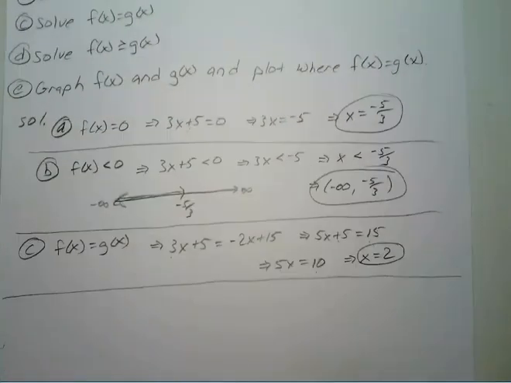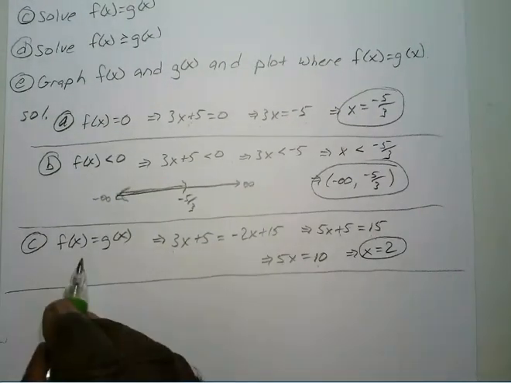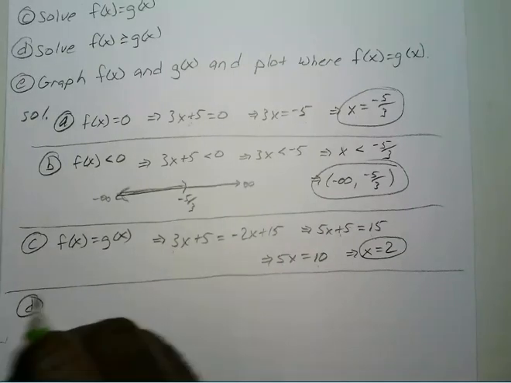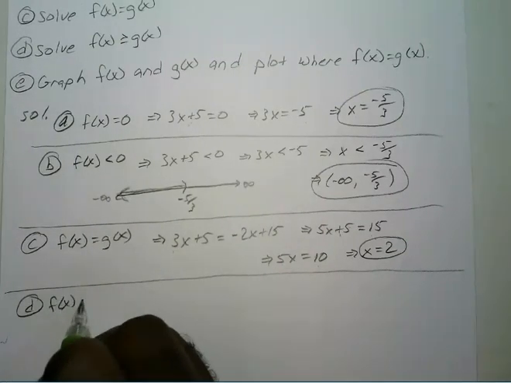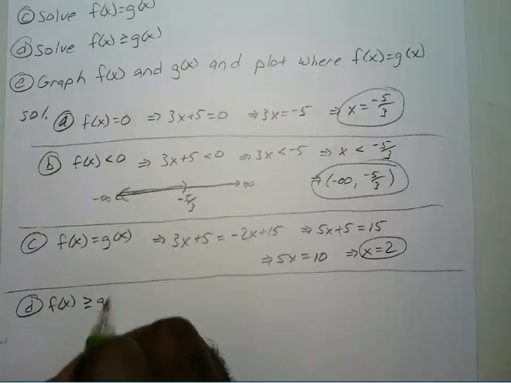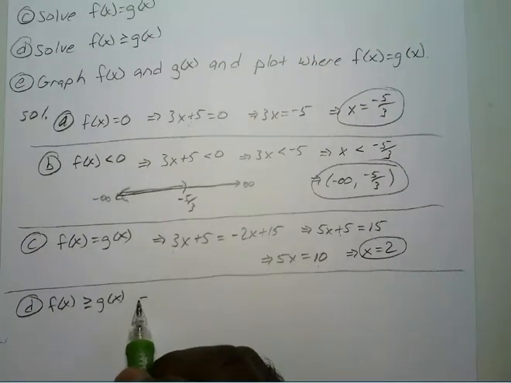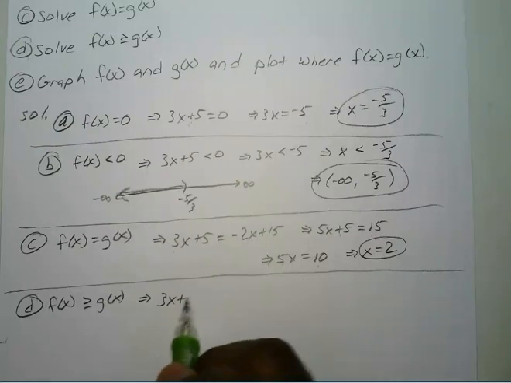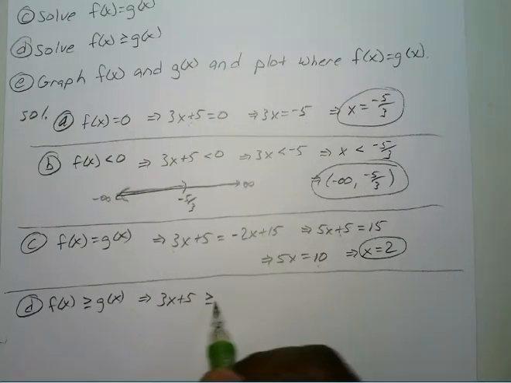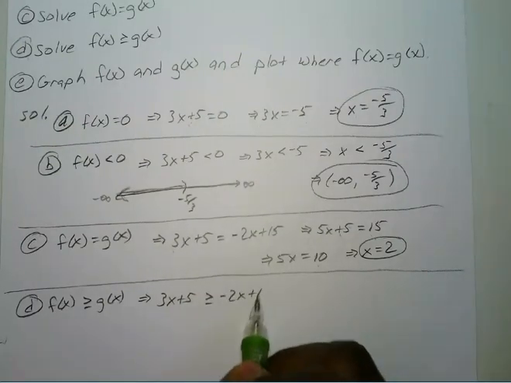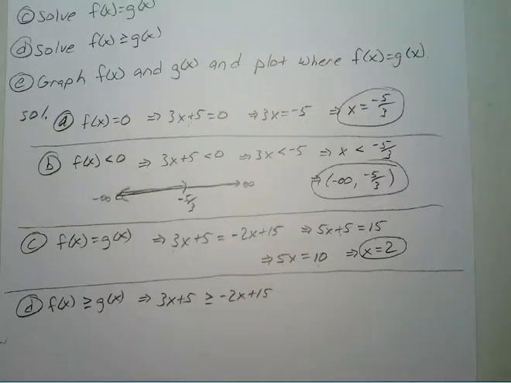Okay, now for D, we do the exact same thing we did for C. F of x is greater than or equal to g of x. That means 3x plus 5 is greater than or equal to negative 2x plus 15. And again, we could use this if we wanted to, but we're just going to practice doing this.